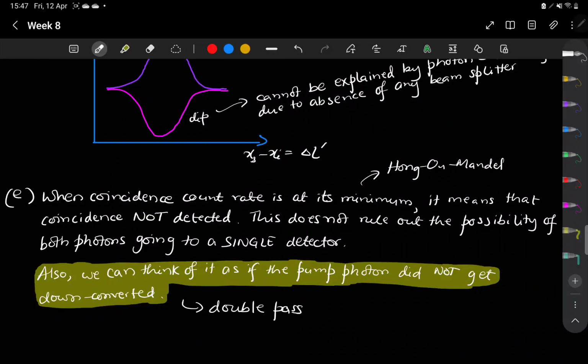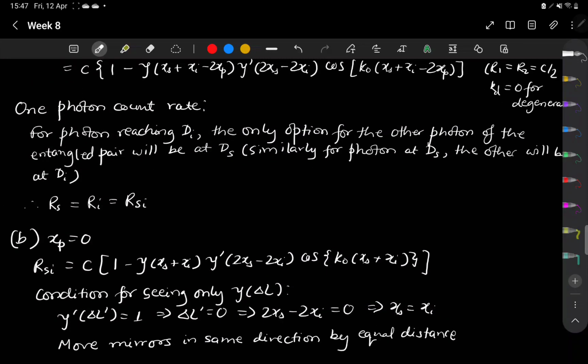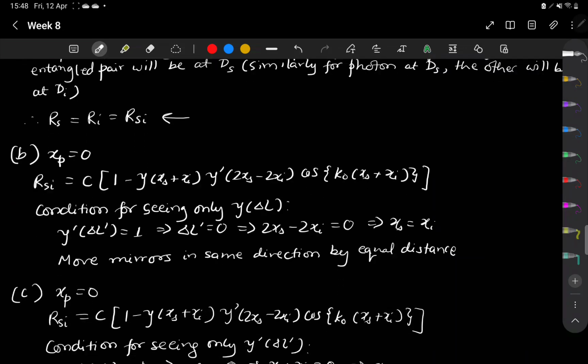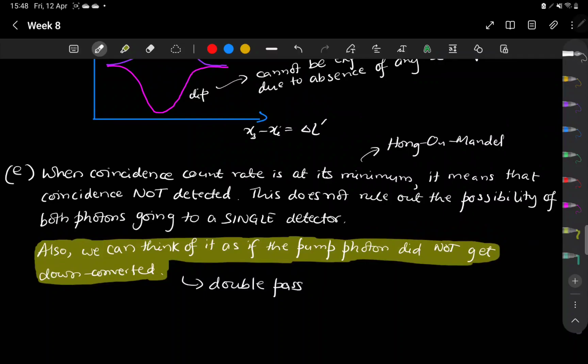So in Hong-Ou-Mandel, there is possibility of both the photons to go into the same detector, but in double pass, as we saw from here, the one photon count rate is the same as the two photon count rate. So in this case, the option is that the down conversion did not occur if we do not record any coincidence.